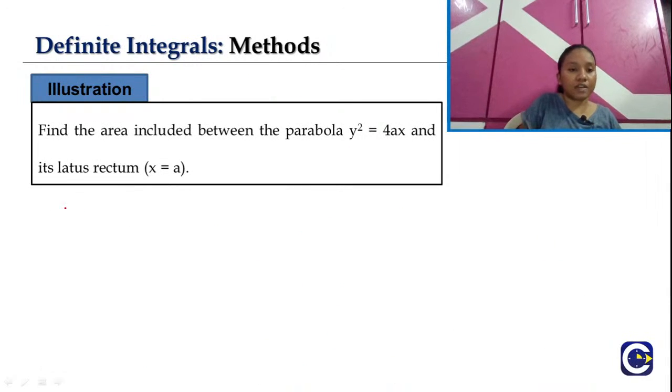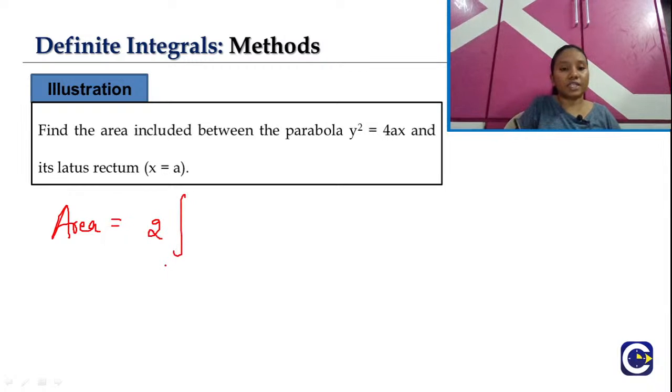So here the required area will be equal to 2 times the integration within the limits 0 to a of root over 4ax. That can be written as 2 root a root x.